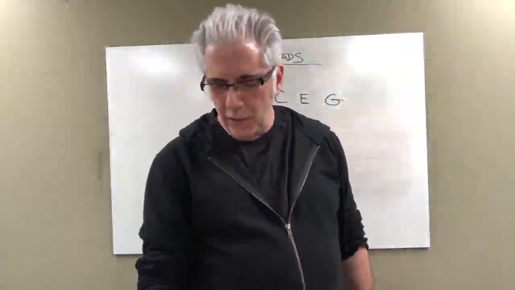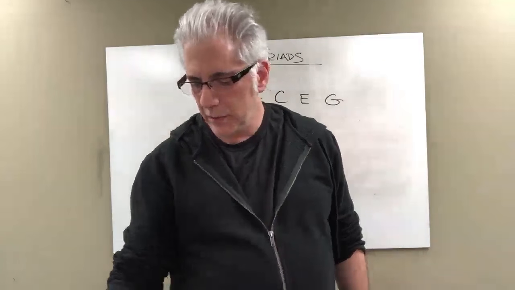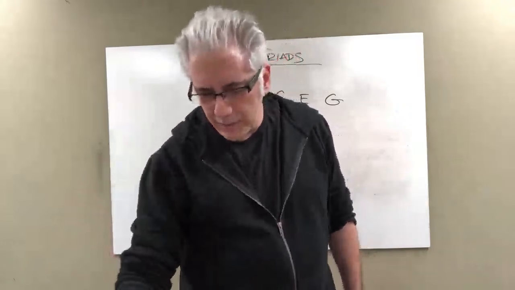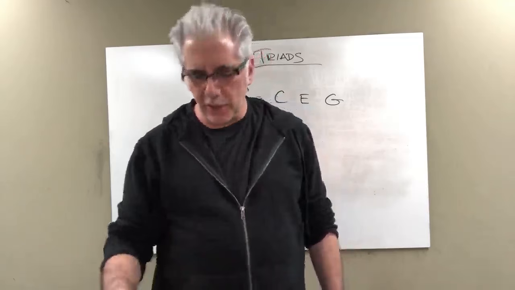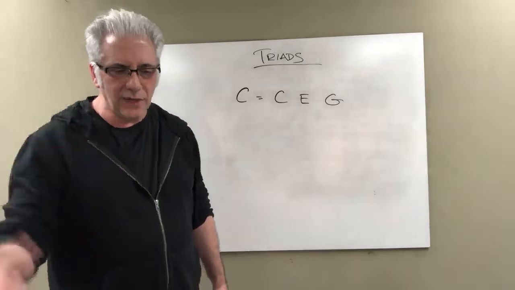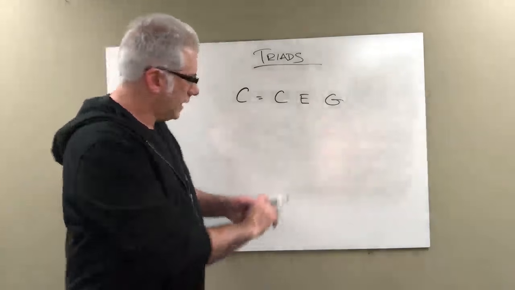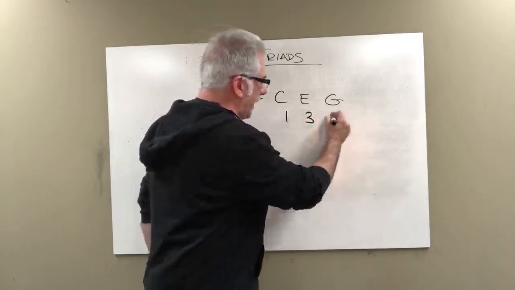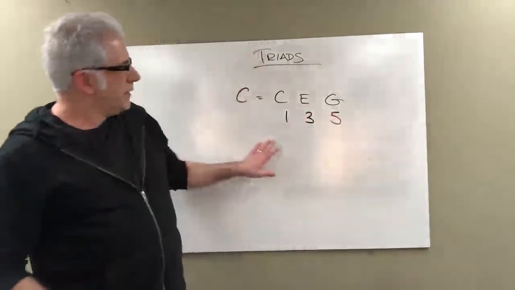It doesn't matter what order they're played in. If I play them as single notes or as a chord, it's C major. That collection of notes is C major. And so this is the way I do it: 1, 3, 5.